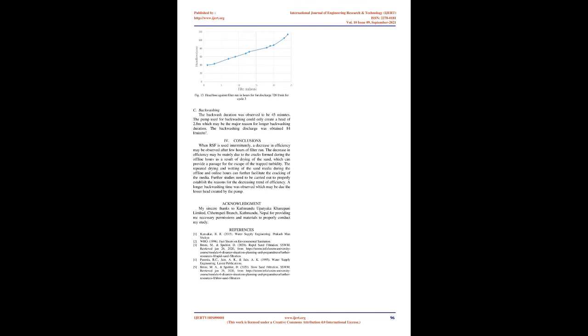For the discharge of 720 L/min, the plot of head loss against filter run in hours for the filter during 3 cycles are shown in figures 3.10, 3.11, and 3.12 below. In all cases, the maximum head loss of 1.14 m was obtained at 24 hours of filter run. In this discharge, the head loss reached the maximum 2 hours earlier than the previous discharge of 630 L/min, as the solid loading will be more for greater discharge.